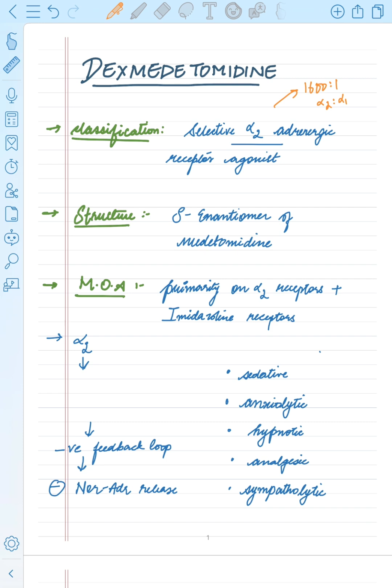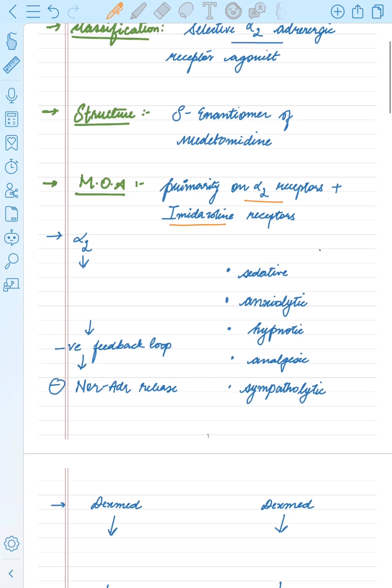Coming to the mechanism of action, it acts on both the alpha-2 receptors and the imidazoline receptors. Coming to its alpha-2 action, it acts on the alpha-2 receptors and activates the G inhibitory proteins. When it activates the G inhibitory proteins, it leads to a decrease in the activity of adenyl cyclase, which will lead to decreased levels of cAMP, which will activate the potassium channels.